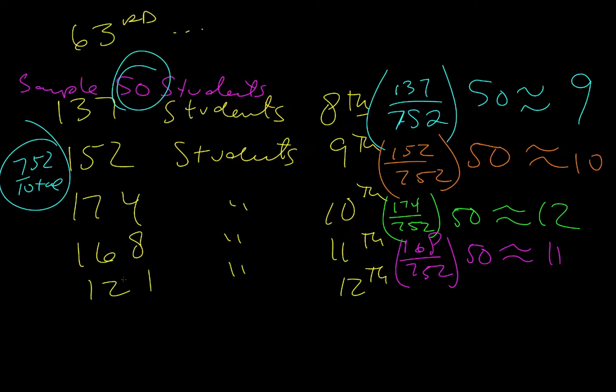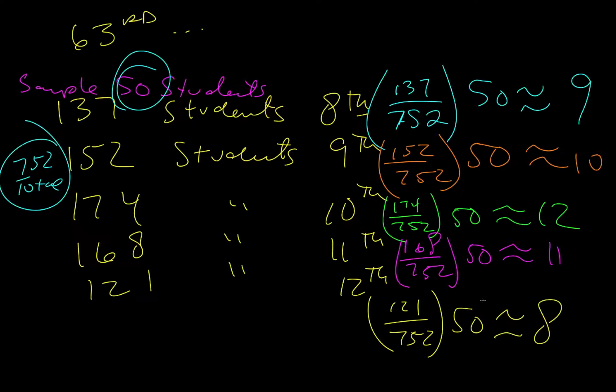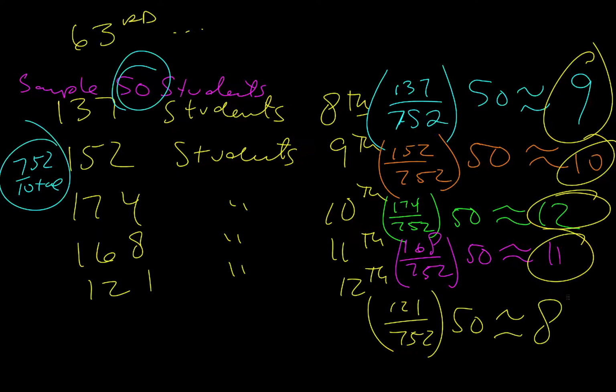And then finally, if I do 121 over 752 times that by 50, I'll end up with 8 students. Okay? Basically it's saying we should select 9 students from 8th grade, 10 students from 9th grade, 12 from 10th grade, 11 from 11th grade, and 8 from 12th grade, and ask them the questions that we want to know the answer to, and that will be a decent sample for the entire school.